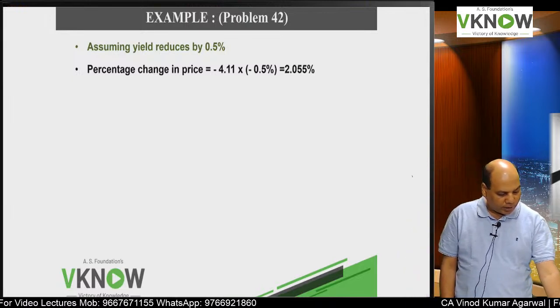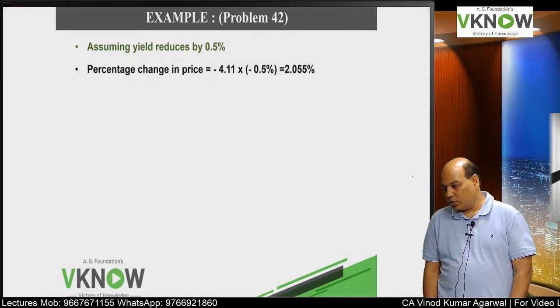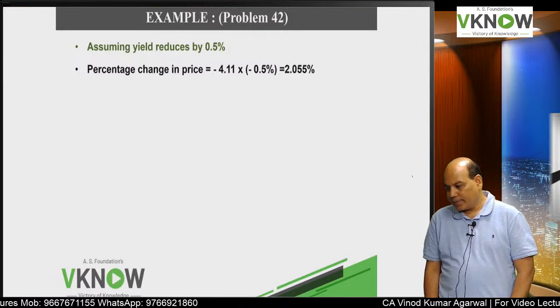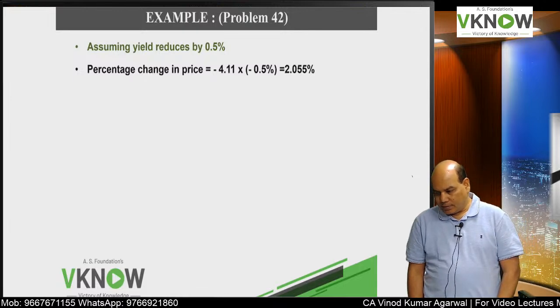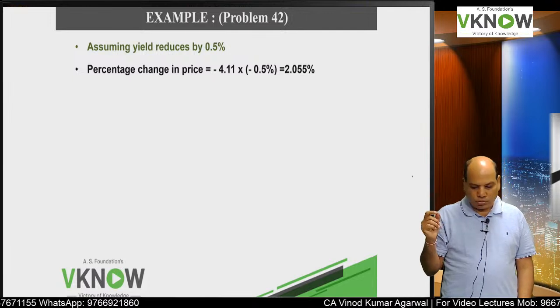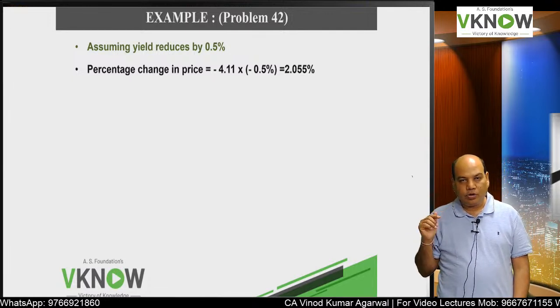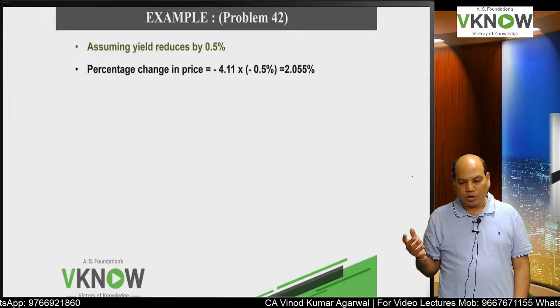Or you can write in paragraph 31 also, there is some space. Percentage change in bond price is equal to, the problem says YTM reduces by 0.5. So minus 4.11 into minus 0.5. So minus minus will become plus.